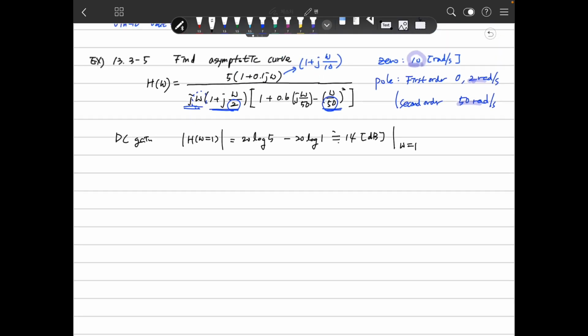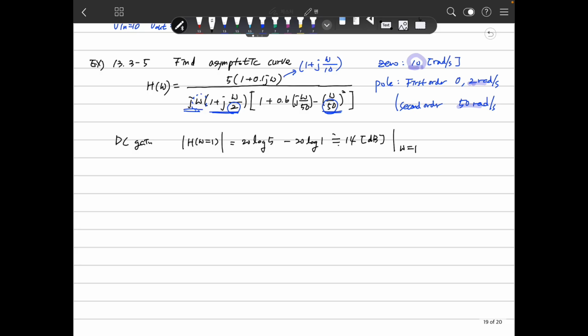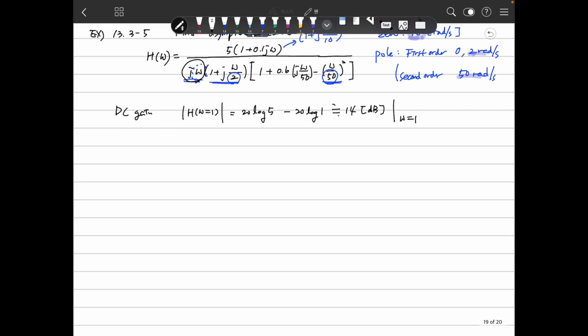And in the very low frequency, because of these terms, the starting slope is determined. I will show that simply with the asymptotic approach here.